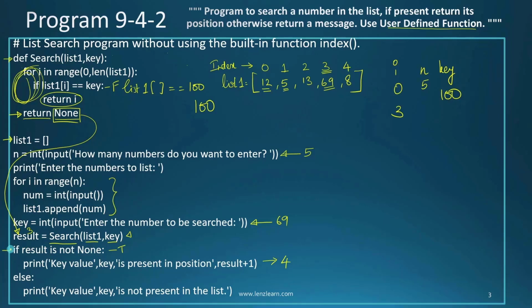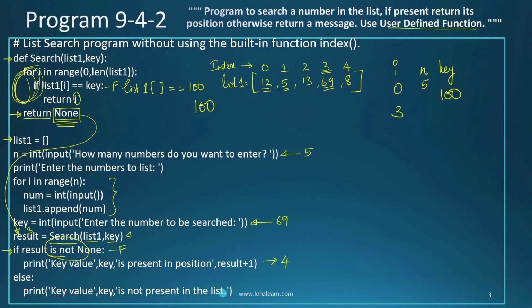So now the if condition check, you can see if result is not none. So this will be false if result is actually none. So the control will come to else and you will print the key value 100 is not present in the list because your function search returned none as the result.